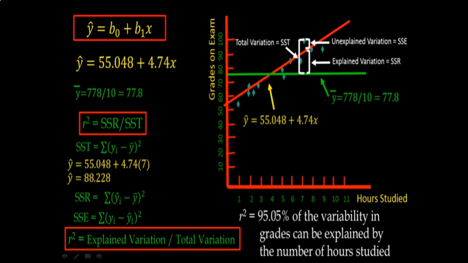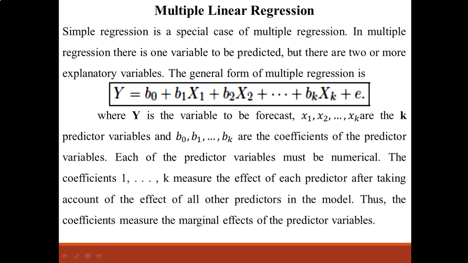The first partition is unexplained variation, which is SSE, and the explained variation, which is the variation between the line and y bar. So R squared equals explained variation over total variation, which is this. And we explained multiple linear regression.